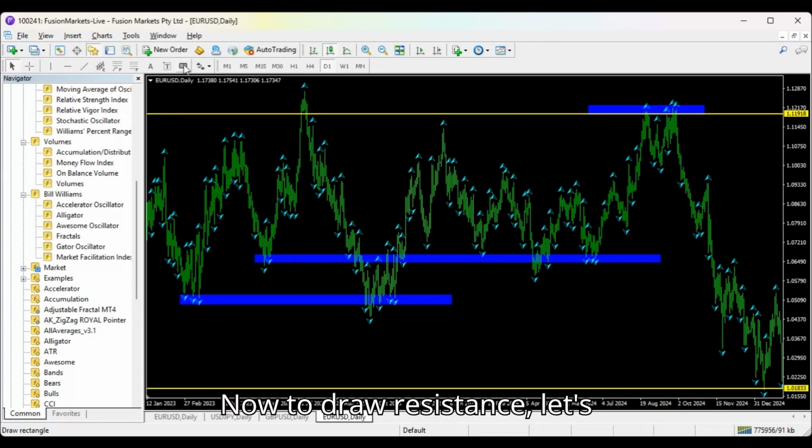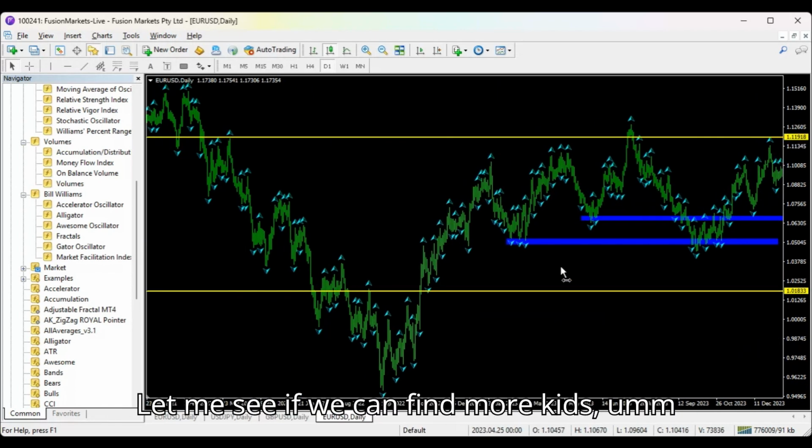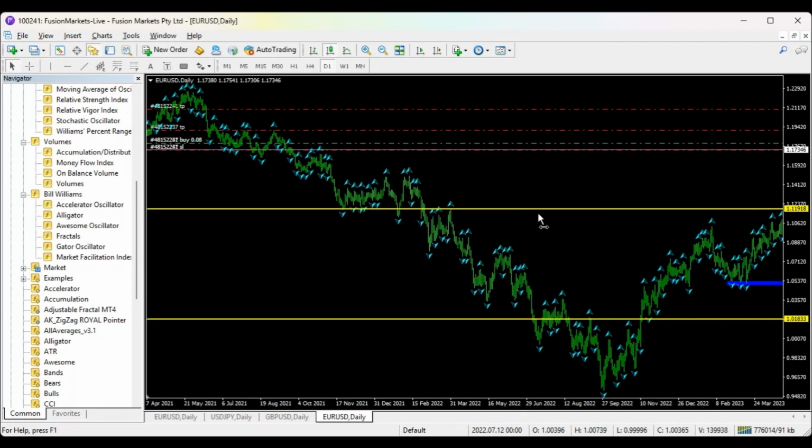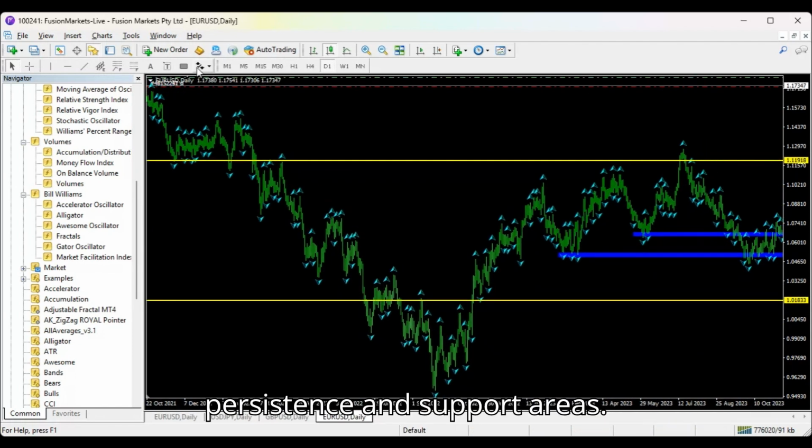Now, to draw resistance, one could probably find a number of touch areas. Let me move the chart a little bit. Let me see if we can find more key resistance and support areas.